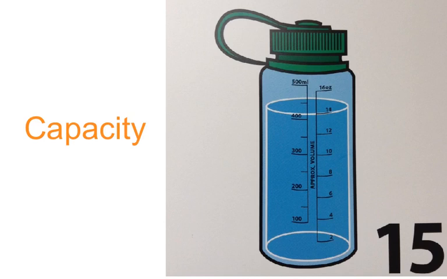On this side, it's showing us milliliters. Milliliters is another way you can measure liquid. If we look at how high the water is, we can see that the water is how many ounces? 14. Nice job. Over here, it's a little higher than the number 400, so it's about 410 milliliters.